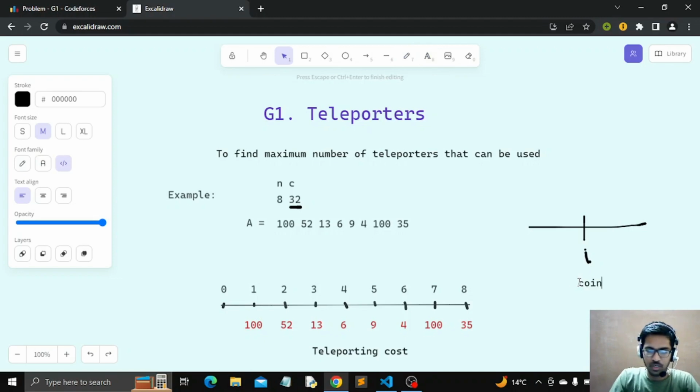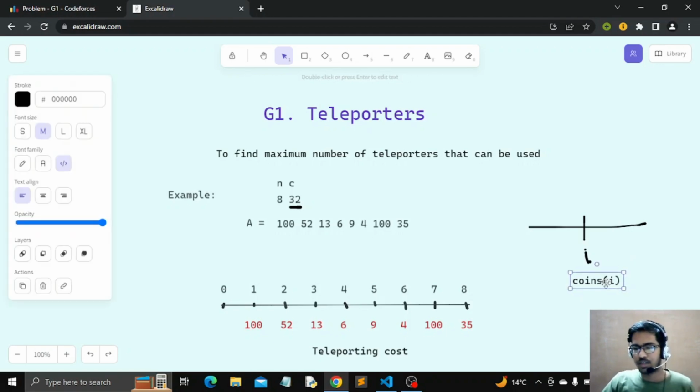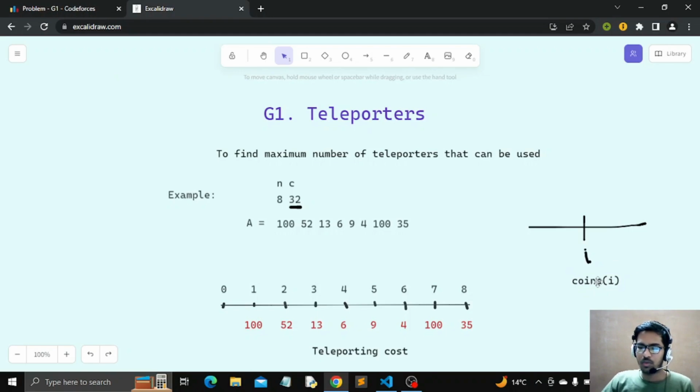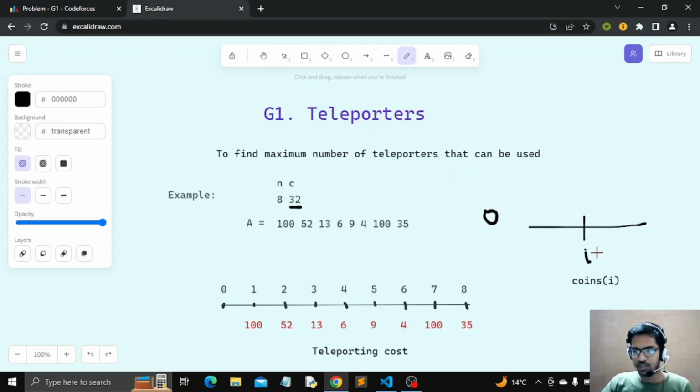the number of coins required to teleport from this point, let's say a_i, plus the number of coins required to reach this point. We'll be starting from point 0, so we will keep moving towards the right direction until we reach this point i.